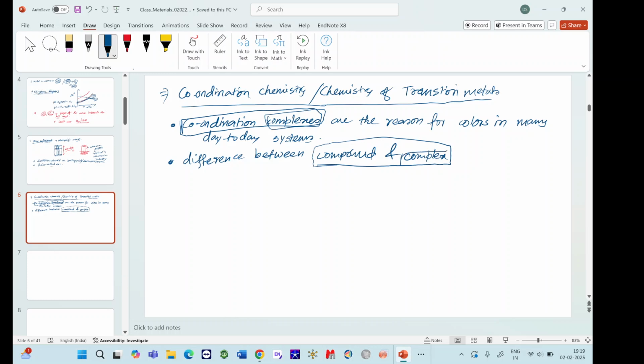The complex is a certain entity where the atoms or ions are not free to access. Okay, unlike compounds. So we'll discuss it more when we discuss Werner theory.